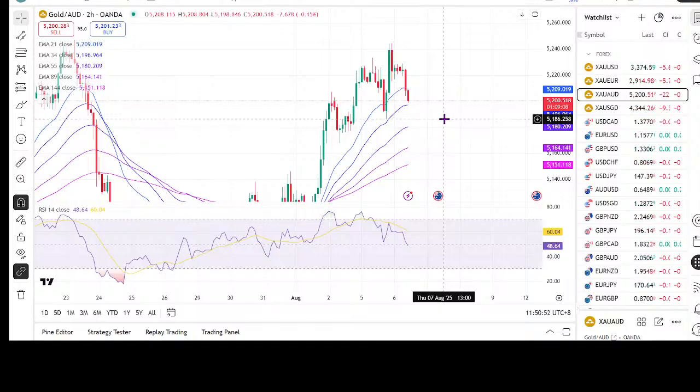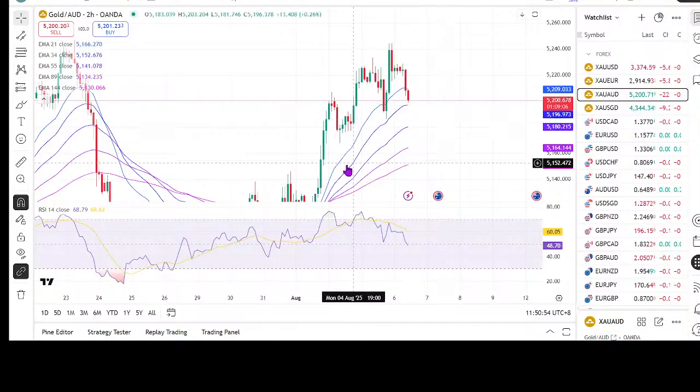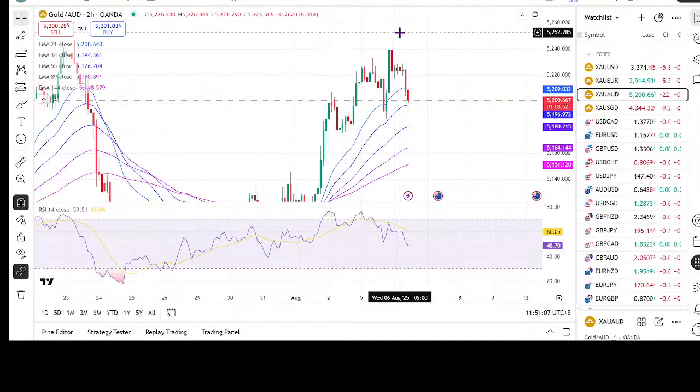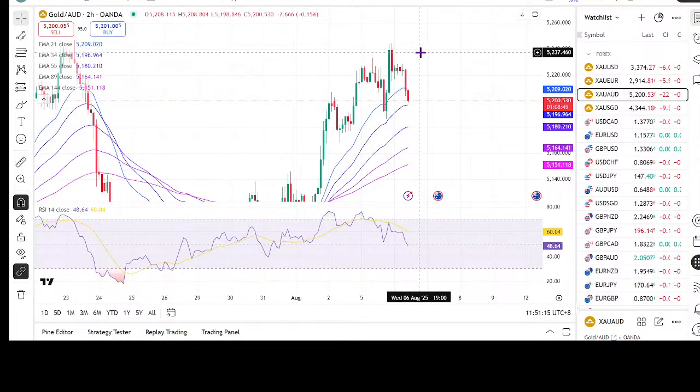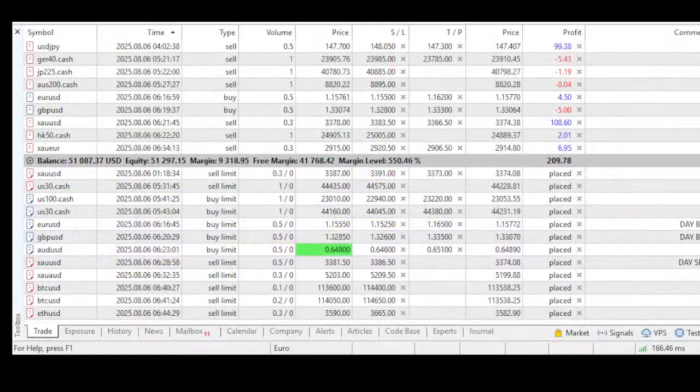Eventually the price is expected to break this low, because we call this pattern three drives to the top. 1, 2, 3. Most likely this is the top, or we may see one more, but that should be your final top, and we should see the price coming down. So if that is the case, then probably we may want to key in that target at 5190.